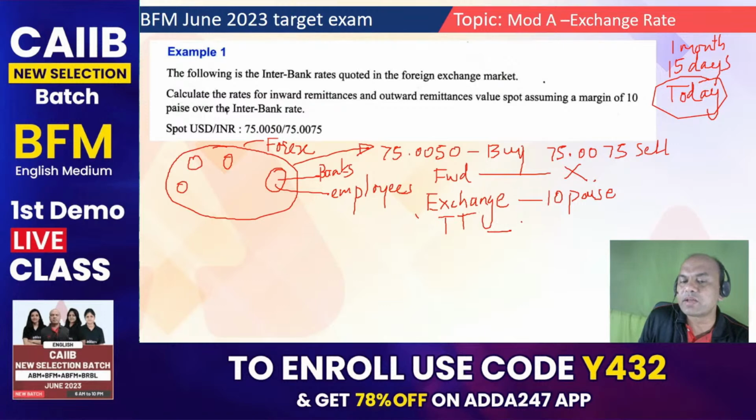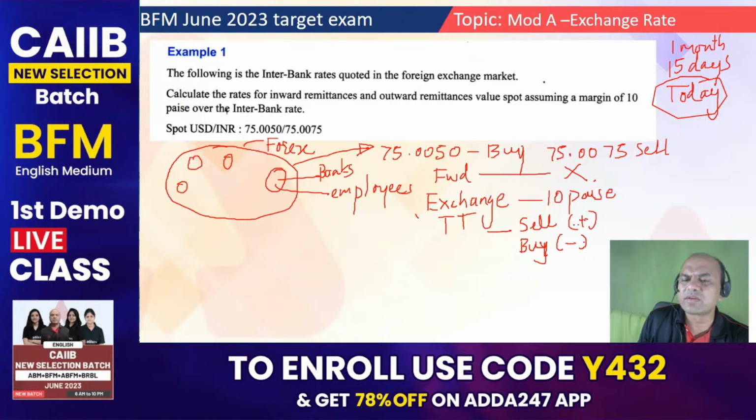Whenever we do any sell transaction, we will add this 10 paise. And whenever we do any buy transaction, we will subtract the 10 paise. Okay, so just apply this logic.